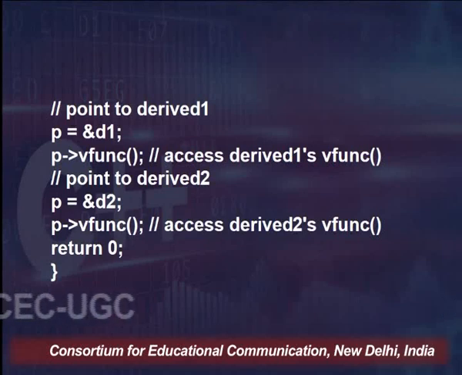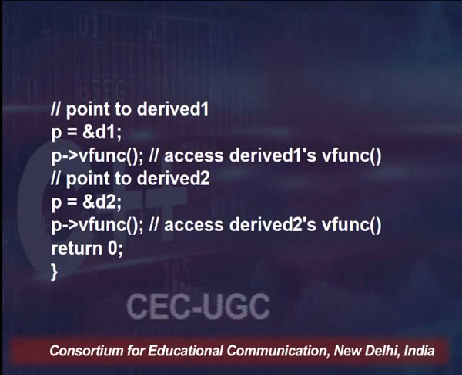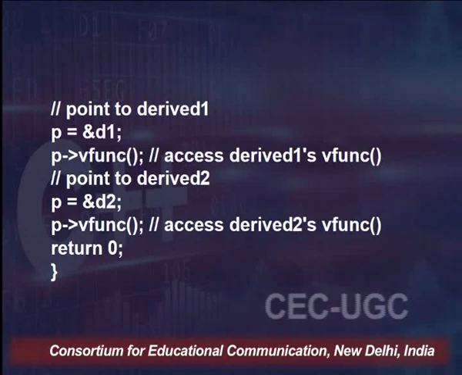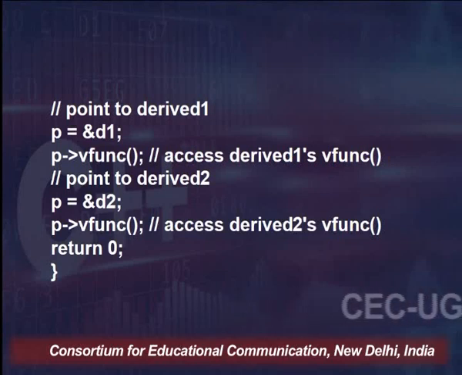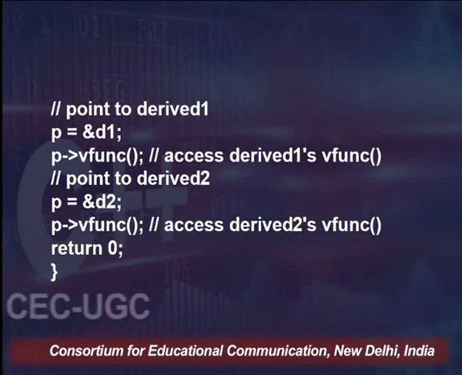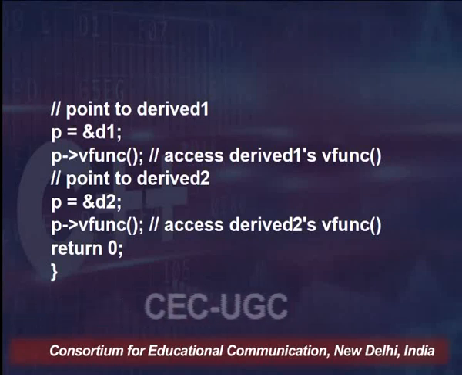With the help of p we are calling vfunc. Now this pointer p is basically pointing towards the object of the derived class. So here the version of vfunc which will be accessed will be from derived 1.